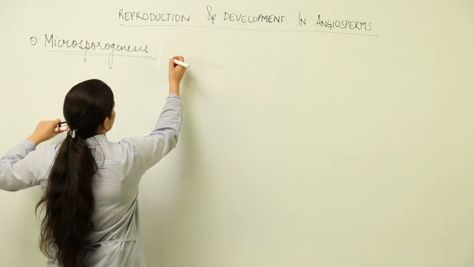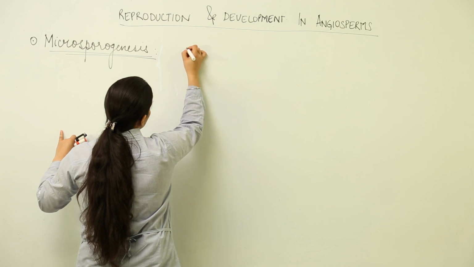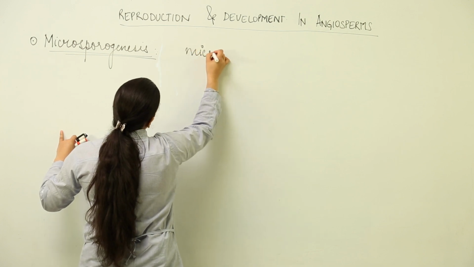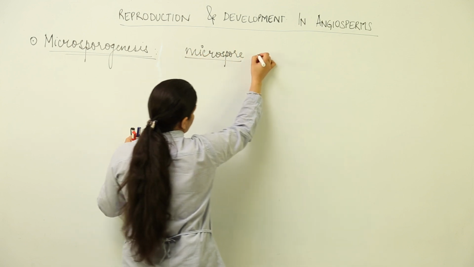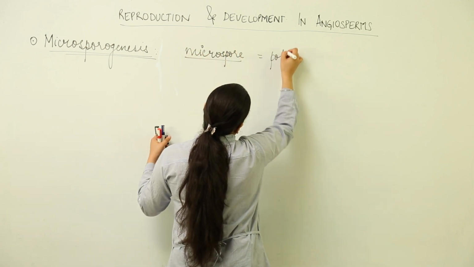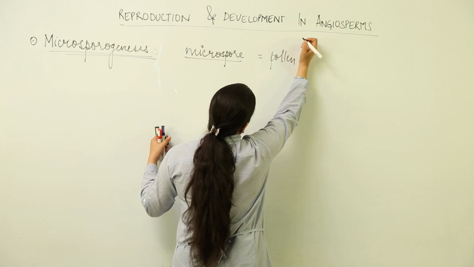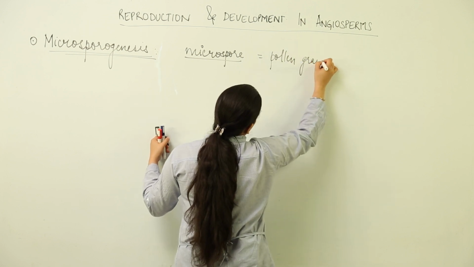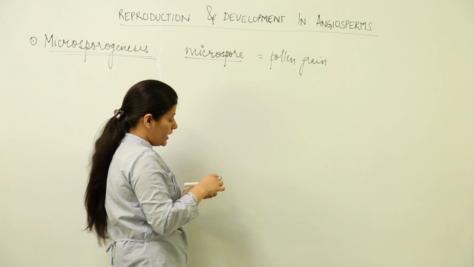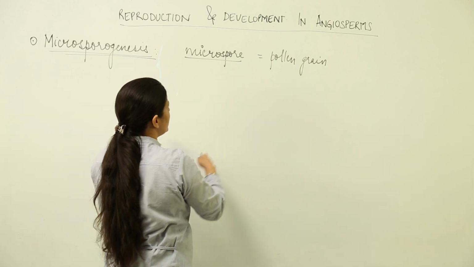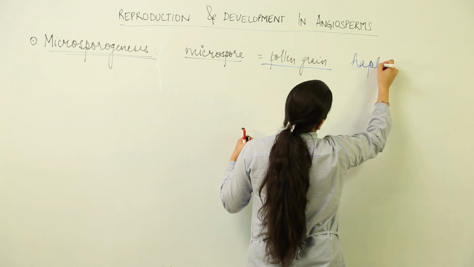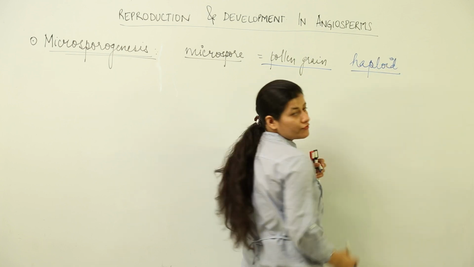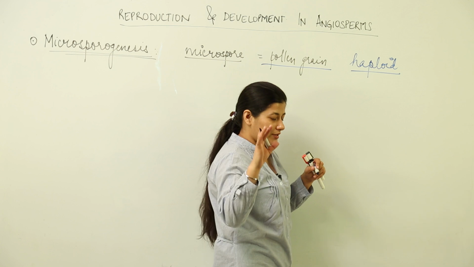First thing is that microsporogenesis leads to the formation of microspore. Now what is this microspore? In simple terms you can learn the name pollen grain. Now this pollen grain is the microspore. It is the haploid part of the male flower.